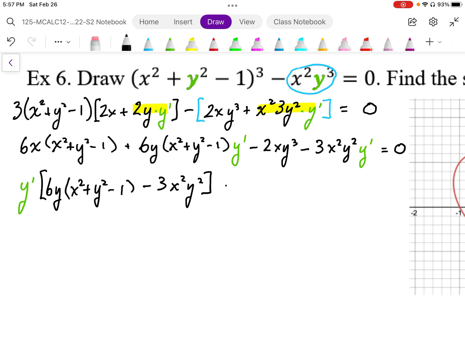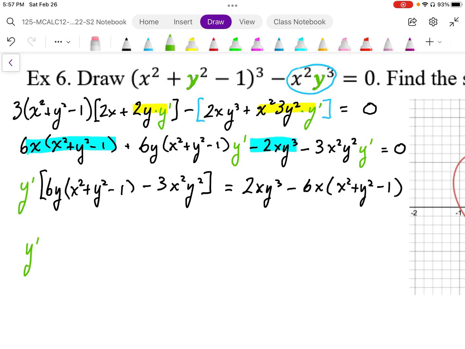Then the other terms I'm going to put onto the other side: positive 2xy cubed minus 6x times x squared plus y squared minus 1. Those are terms that do not have a y prime attached. You could think of expanding some of this out, but I don't see any like terms, so I don't see any advantage of expanding this all out.